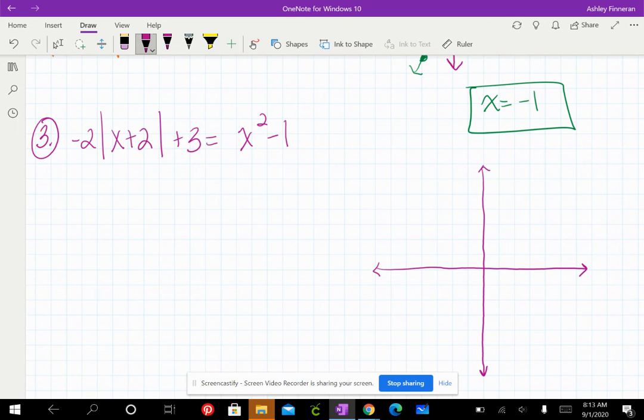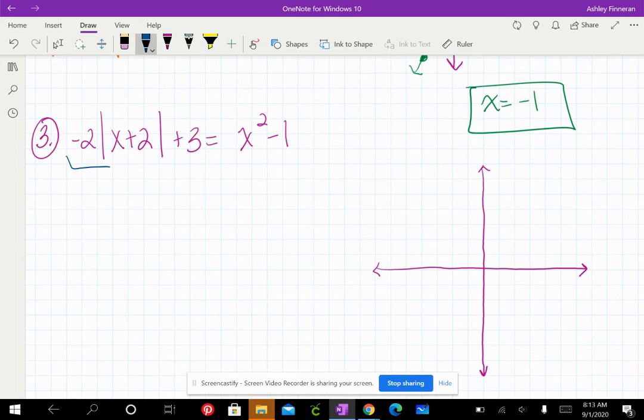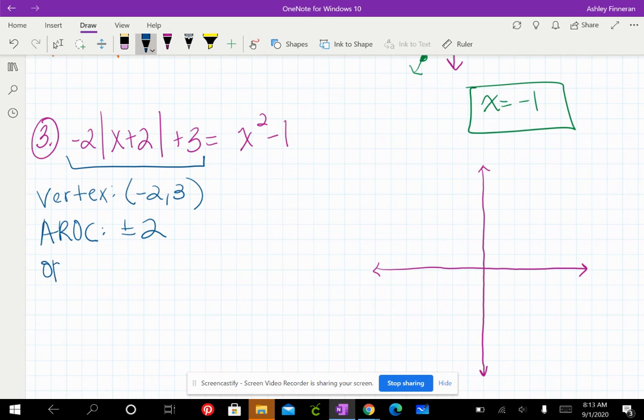So I'm going to first start by graphing my absolute value. So my vertex is at -2, 3. My average rate of change of each side is plus or minus 2. And I know that it's going to open down.